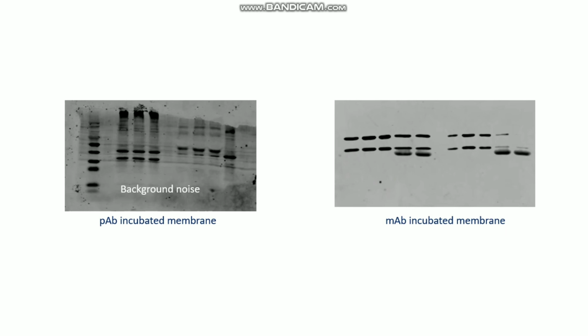Here you need to determine which kind of experiment you are doing. If you do the Western blot, I always suggest monoclonal antibody, because you can get very clear bands. So this is all about polyclonal and monoclonal antibody.